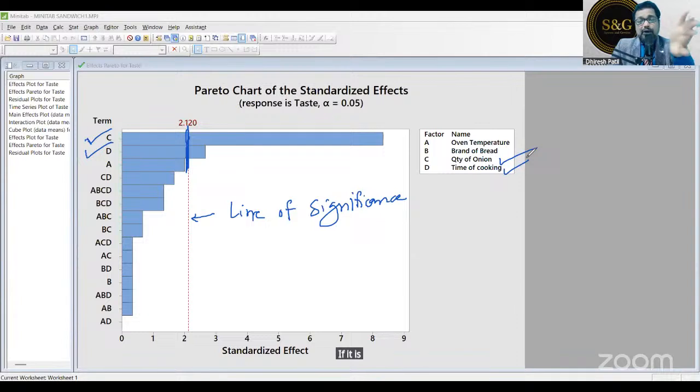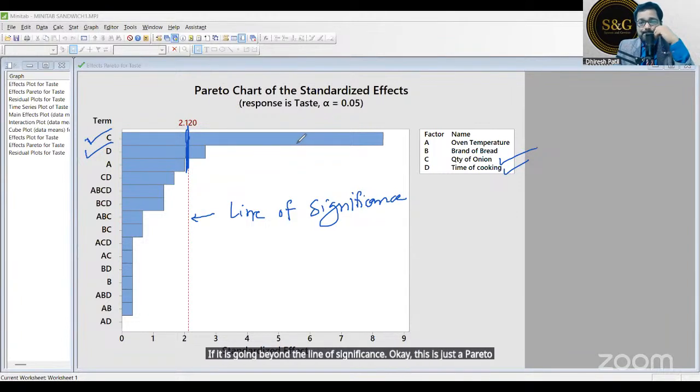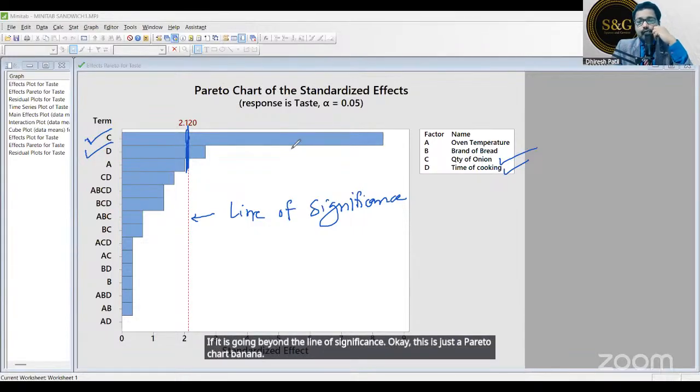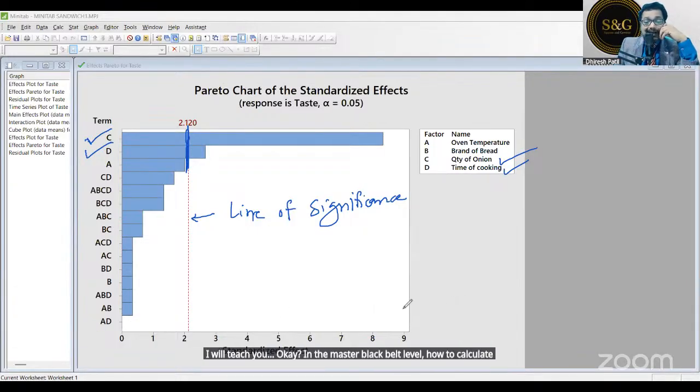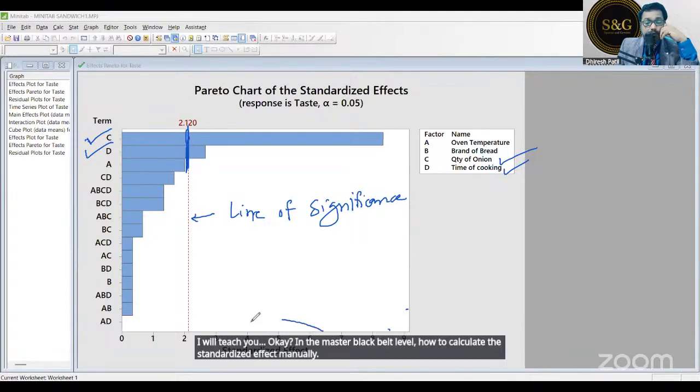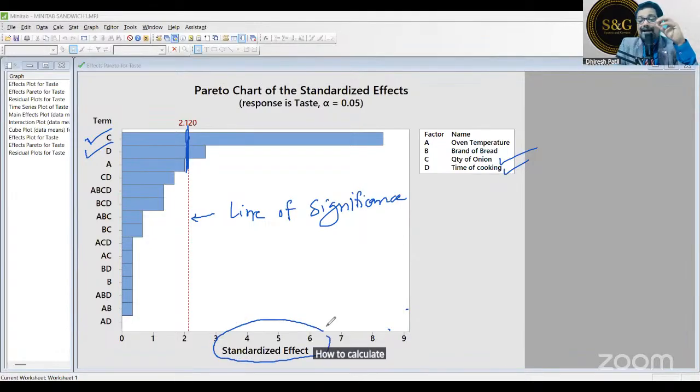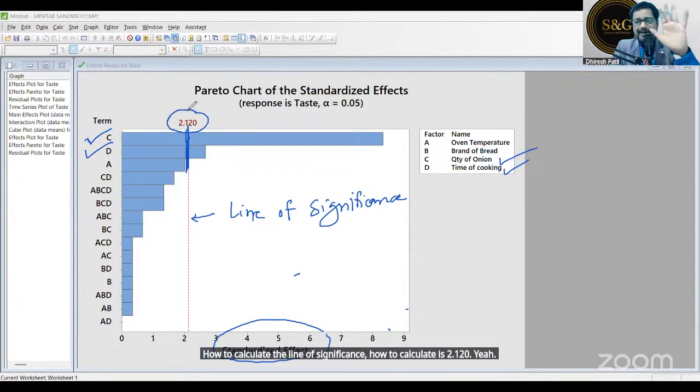If it is going beyond the line of significance, this is just a Pareto chart they made. Clear? Yes. In the advanced level, in the master black belt level, I will teach you how to calculate the standardized effect manually, how to calculate the standardized error manually, how to calculate the line of significance, how to calculate this 2.120. We will learn how we calculate this in advanced.